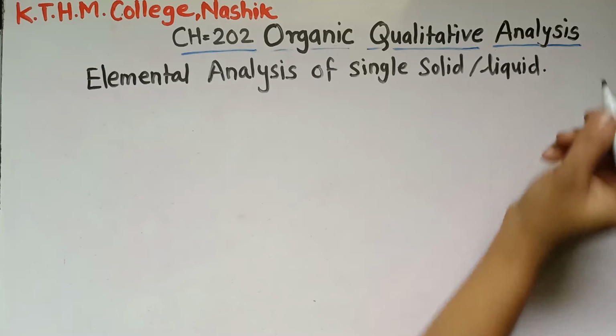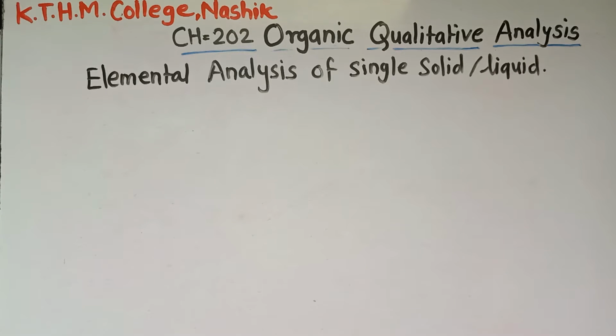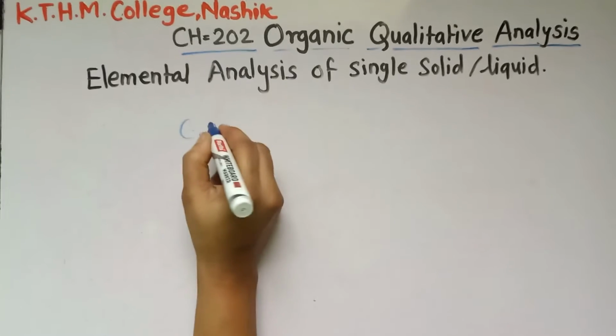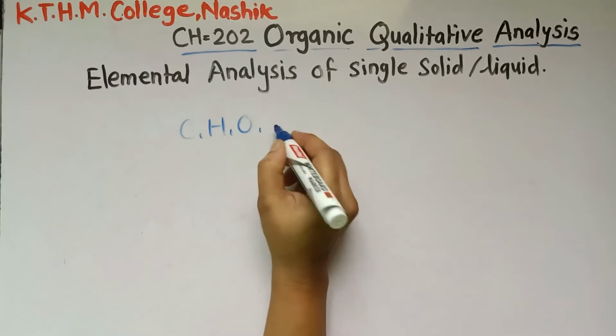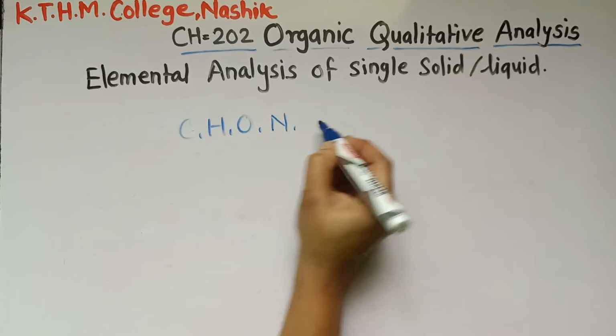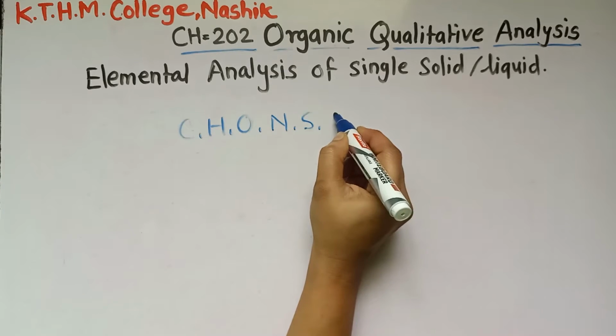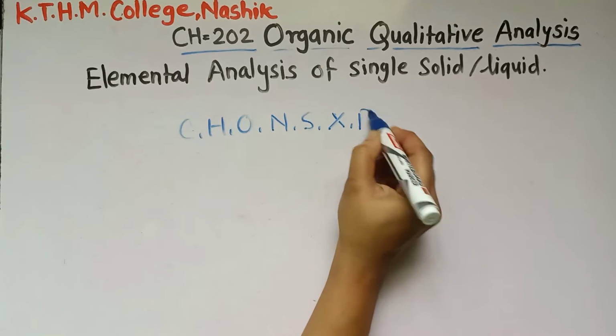So student, we know that the organic compound consists of carbon, hydrogen and oxygen as elements. That's why it is called an organic compound, right? Along with carbon, hydrogen and oxygen, it may contain nitrogen, sulfur, halogen and phosphorus.